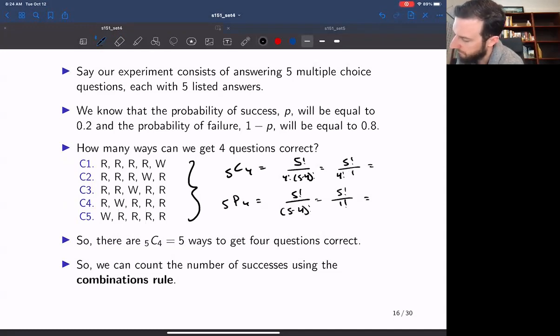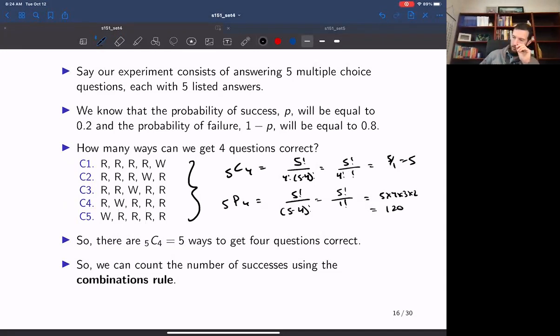There we go, 1 factorial. So this is 5 over 1 equals 5. And this would be 5 times 4 times 3 times 2, which is 20, 60, 120. So then there's 120 different outcomes.